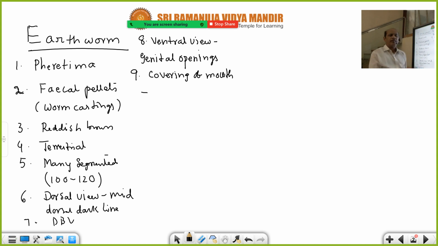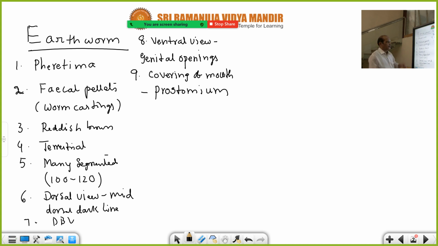The lower lip is not there. A lobe-like structure covering the mouth is the prostomium. Pro means before, stoma means mouth. Before the mouth it occurs, that's why it is named prostomium.